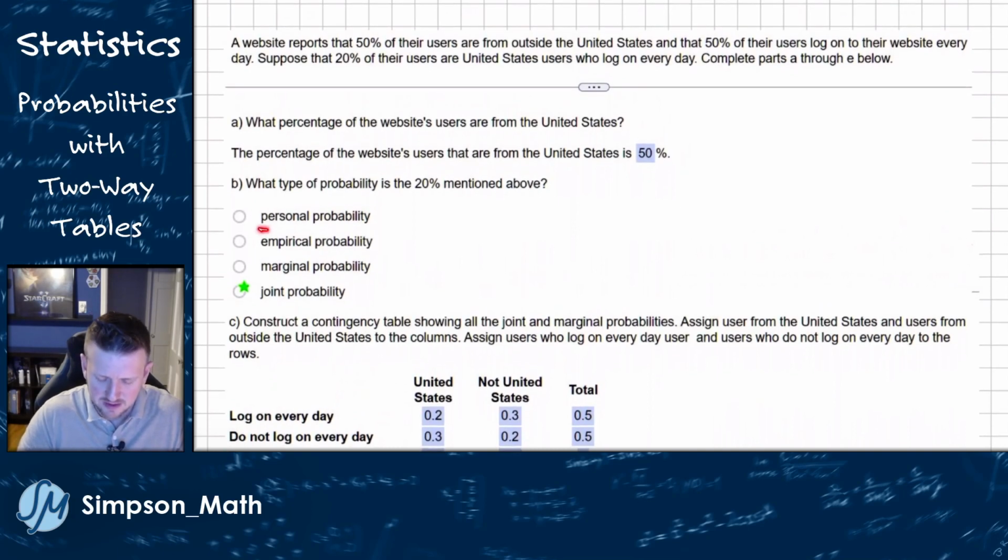Personal probability, it's not a personal, that would be like a personal or anecdotal. They're looking at the data. They're not just saying, oh, I feel like 20%. No. So it's not that. Empirical would be more of a small set of observed data, or like we just do it a few times. This is a website.